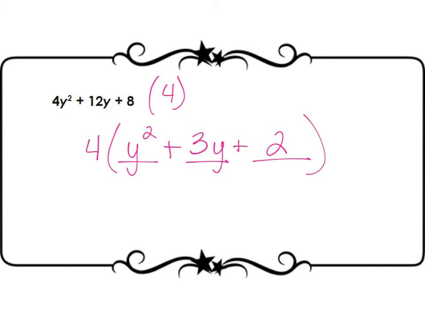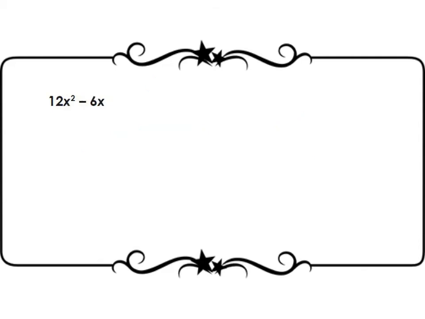All right, continuing along. In this case, our greatest common factor was 6x. I have 2 terms, so 6x is here, and I'm going to have 2 terms here. At 6x, to get 12x squared, I know I multiplied times 2x, because x times x is x squared.